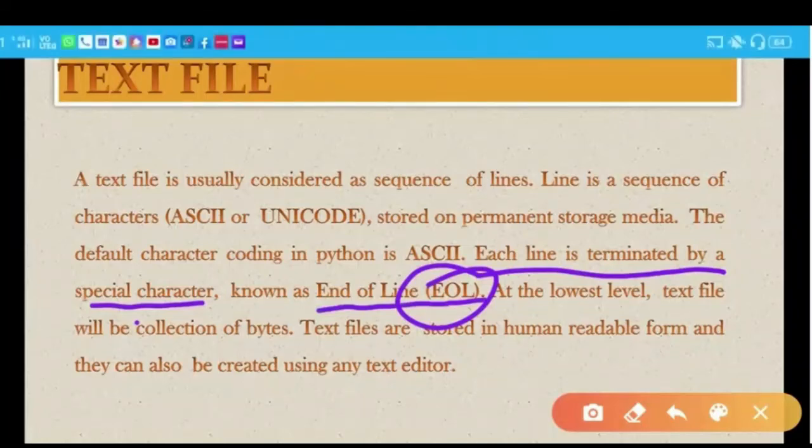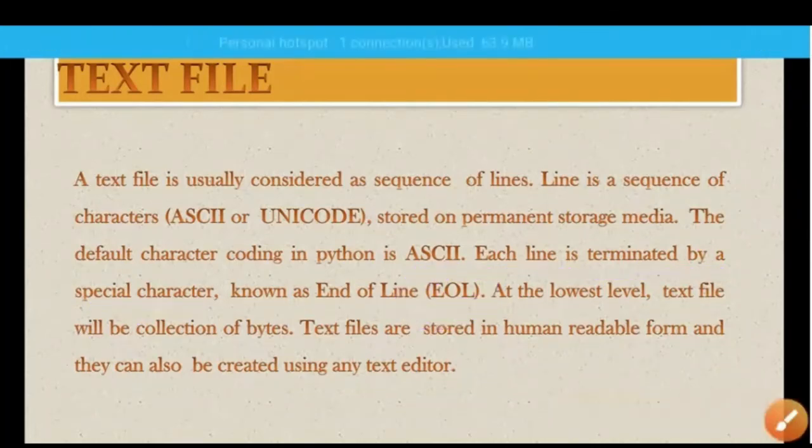We can provide different symbol also. We will learn how to provide different symbol that will instruct the compiler that this is the end of line. We are going to learn this. At the lowest level, text file will be collection of bytes, as we know that it is basically collection of ASCII code or collection of characters, and characters are stored in the form of bytes.